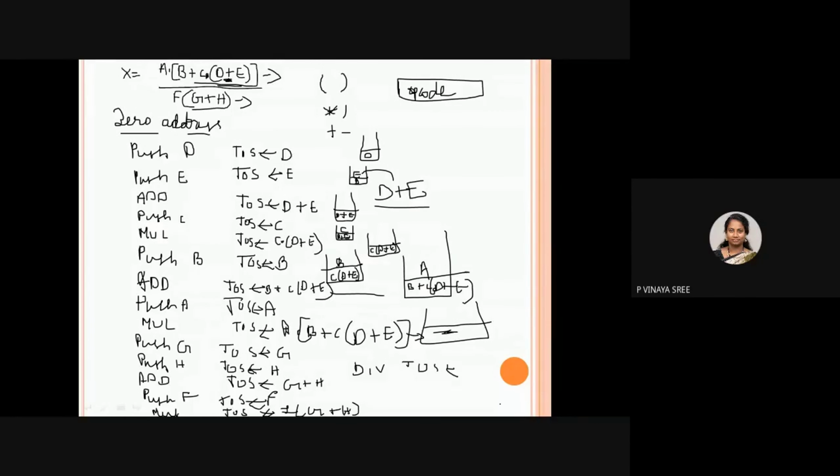Okay. So in this way, we'll be using zero address instruction format, but for every instruction, keep it in your mind that you need to represent the stack diagram. Okay. And this is your zero address instruction format. Now let me explain for three address. Just give me a timer so that everyone has noted in your notes, ma'am.